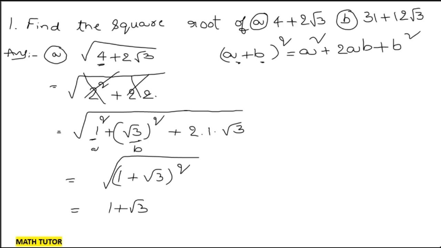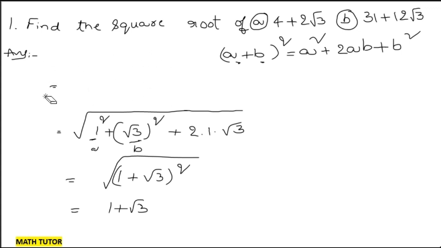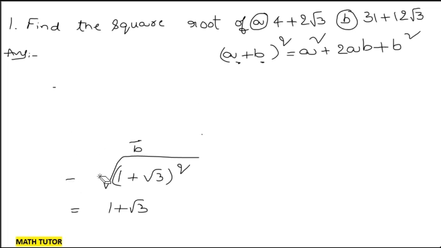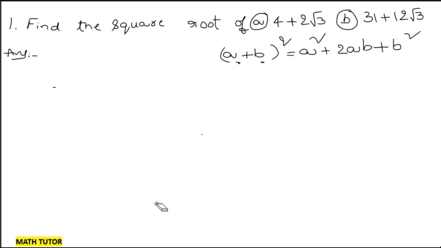Let us see the next question. The second question is B, that is 31 plus 12 root 3.